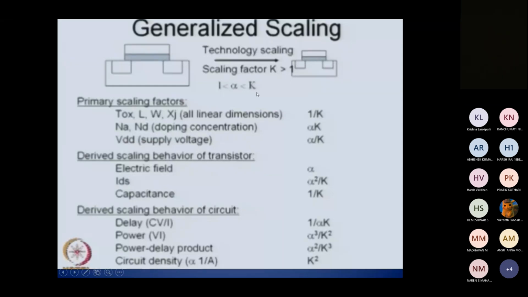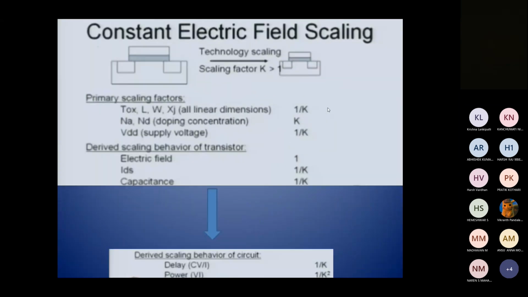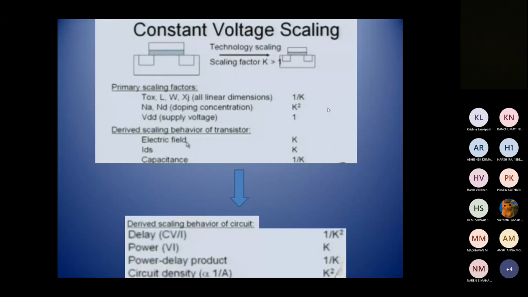Now if this is the generalized scaling, what are the things we have to take into consideration? All the linear dimensions, like our channel length, channel width, oxide thickness and junction depth, have to be reduced by a K factor. This is common whether it is constant electric field scaling, constant voltage scaling or generalized scaling.